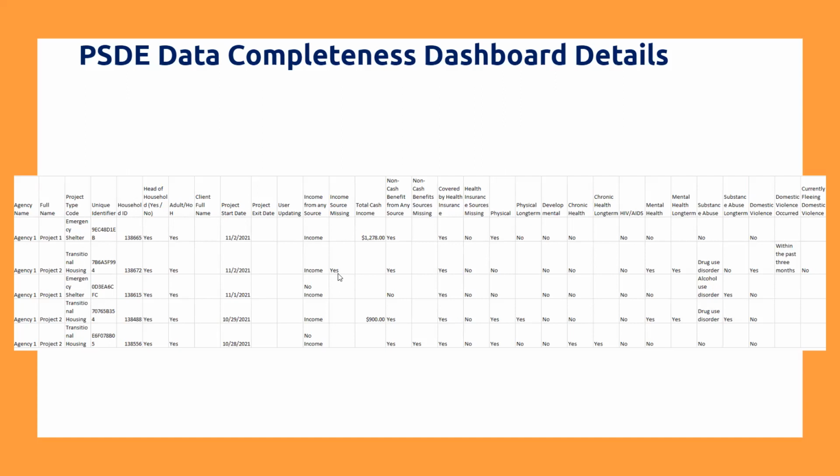And so you will be able to use this report to find corrections and find those clients that are causing you to have less than valid responses to any of the data elements. So for example, here in the income missing column, you can see it's yes for this client. So you'd be able to go to their enrollment and resolve their income issue.